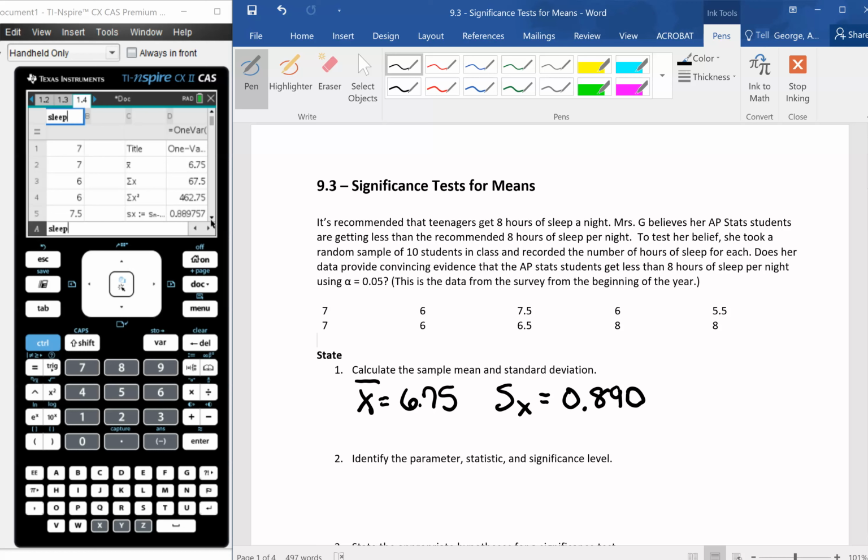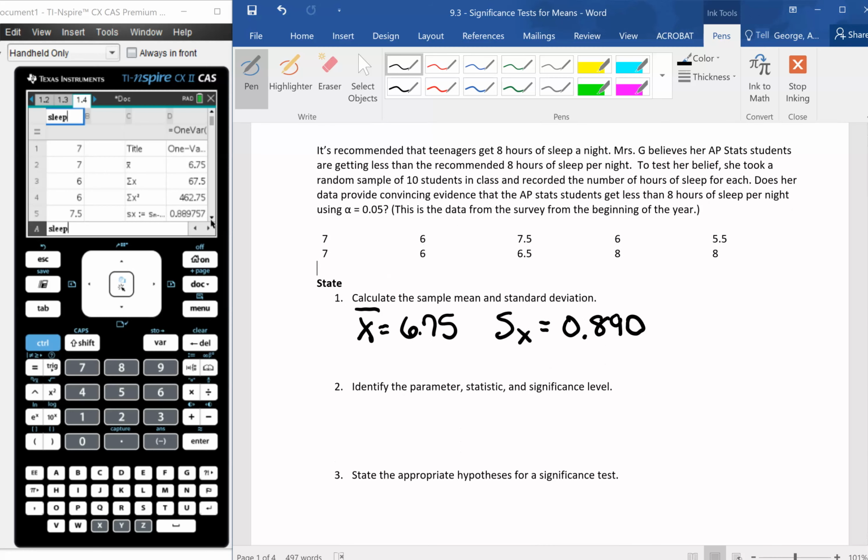Okay, so now we've got to talk about the parameter, our statistic, and our significance level. All right, so our parameter is mu. And in this case, mu is the true mean of how many hours of sleep y'all get a night.